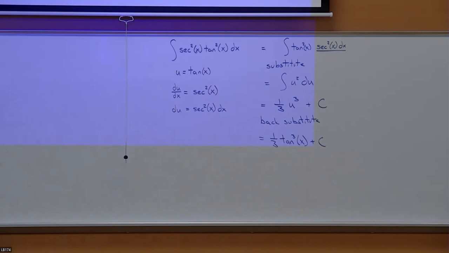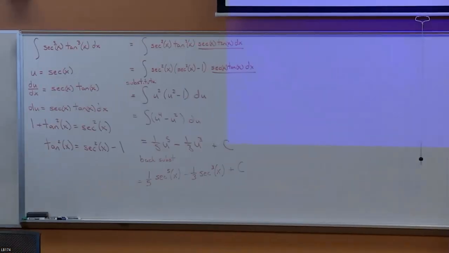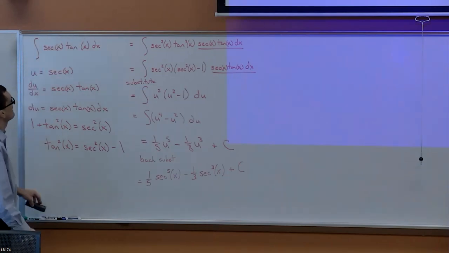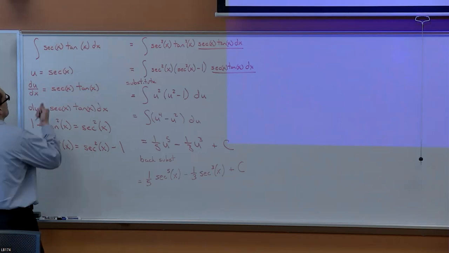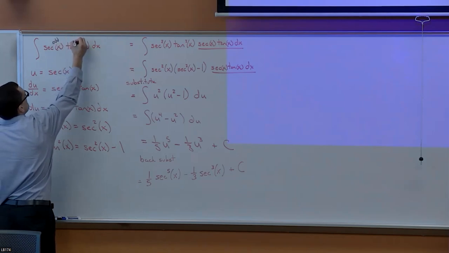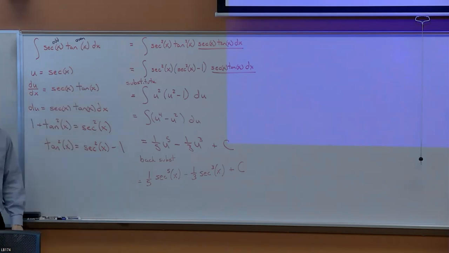It's not when they're both odd, because we just did that one. So the troublesome one is when secant is odd and tangent is an even power. That makes sense.